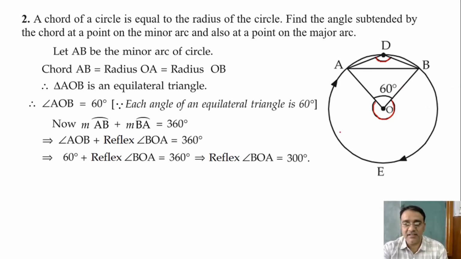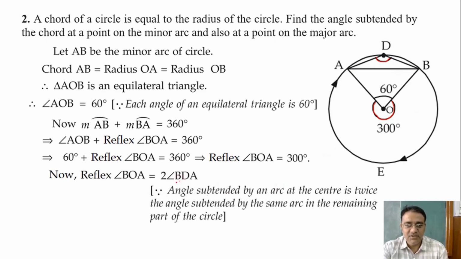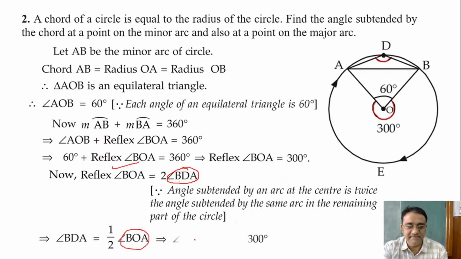You must remember that statement exactly. So now angle BDA will be half of this angle, right? And this angle is equal to 300 degree. So what is the value of this angle? 150 degree, right?